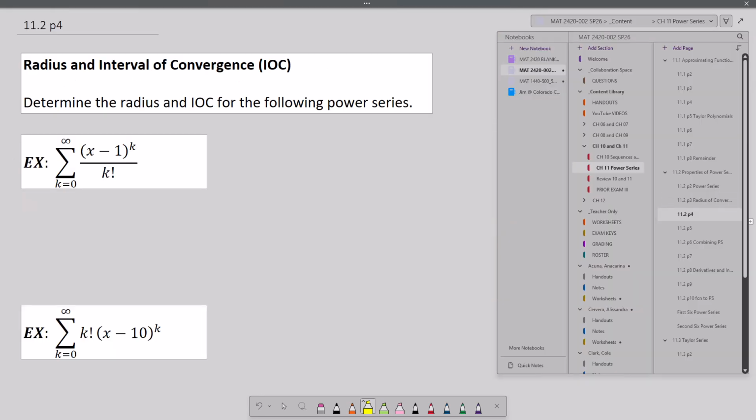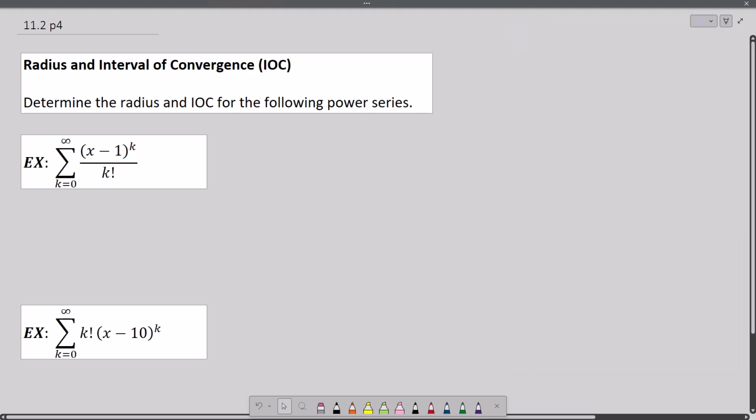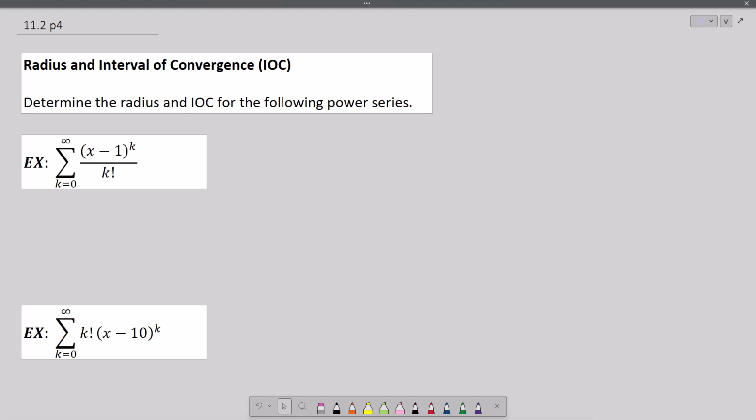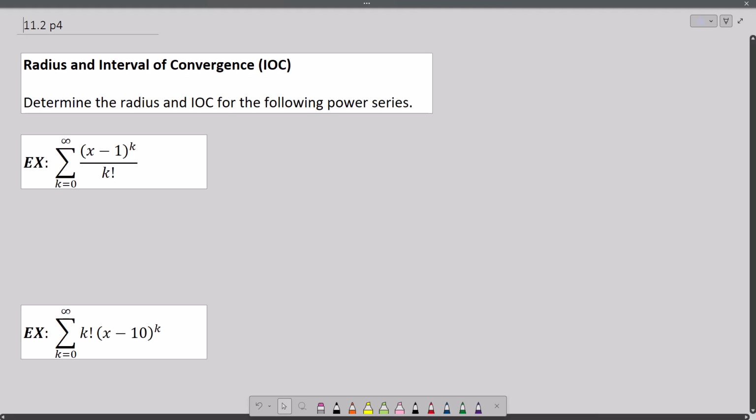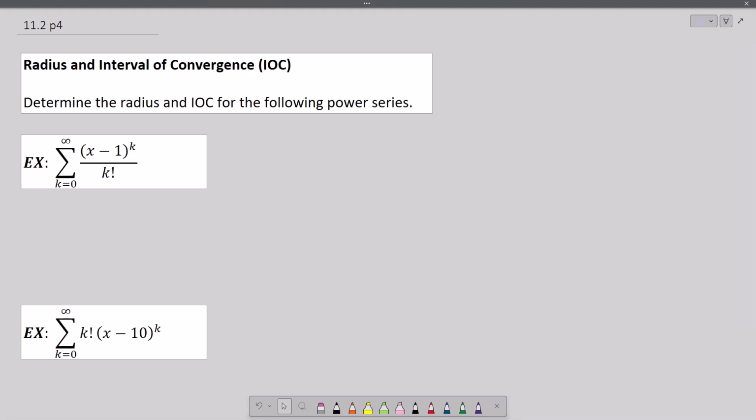So let's try one. There's a power series. When you think about a power series, you should be thinking of an infinite collection of infinite series. Every single x that you plug in here, other than the center, because at the center everything turns to 0 except the leading constant, creates an infinite series of numbers.